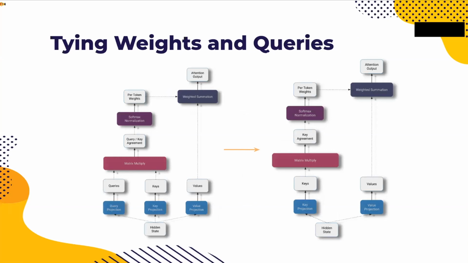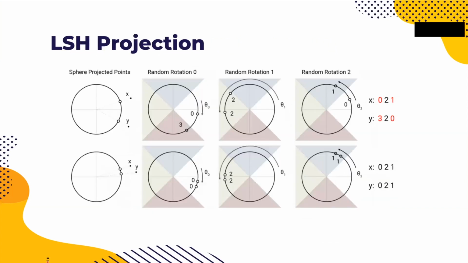First, they found that the idea of having a separate query and key isn't entirely necessary in order to attend over a sequence. So if you actually tie the weights of the key and the query, you get similar performance. And they use this as inspiration for their locality-sensitive hashing operation.